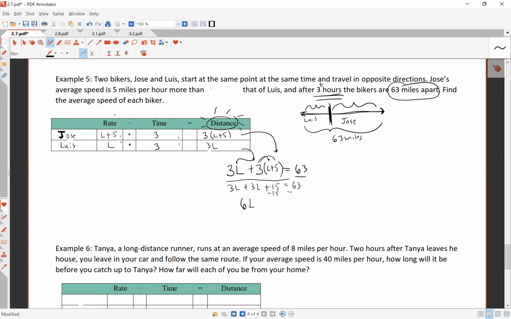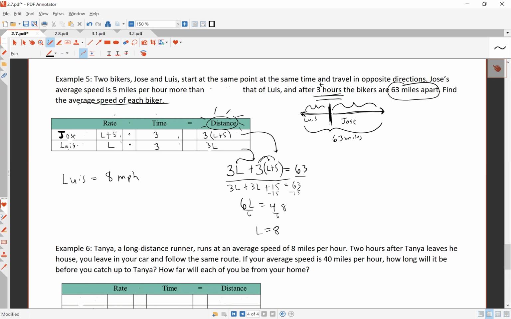And subtracting 15 from both sides is 48. So from that equation, when you divide by 6, you see that L is equal to 8. So that's the speed of Luis. Luis is 8 miles an hour.